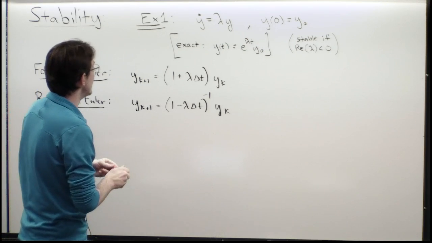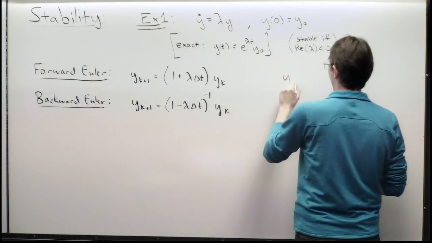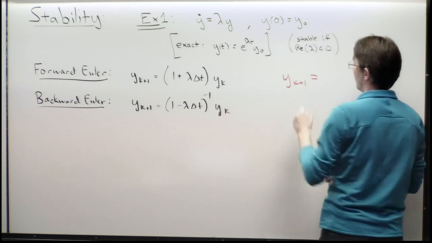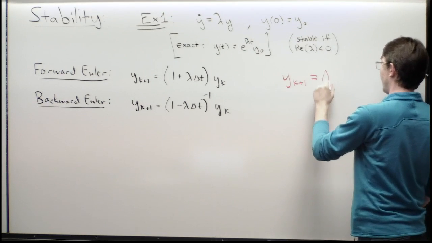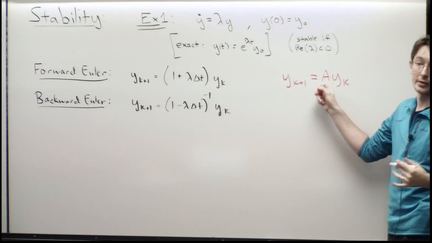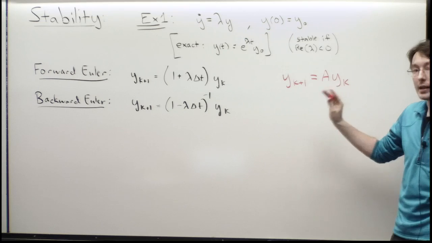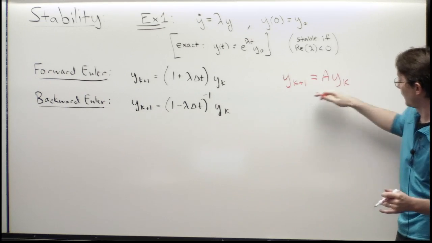So how do I know what the stability of a system is that looks like yk plus 1 equals some number a times yk? This could be a matrix or a number, but here it's a number. Remember, how do I tell the stability of this iteration?